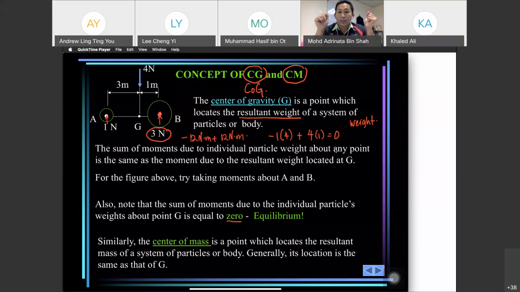So the support or the reaction, as we can see, is 1 Newton and 3 Newton. If we add for Fy, 1 plus 3 is 4. So if it is in equilibrium, we have Fx equals 0, Fy equals 0, and moment equals 0. So we need to find our center of gravity.